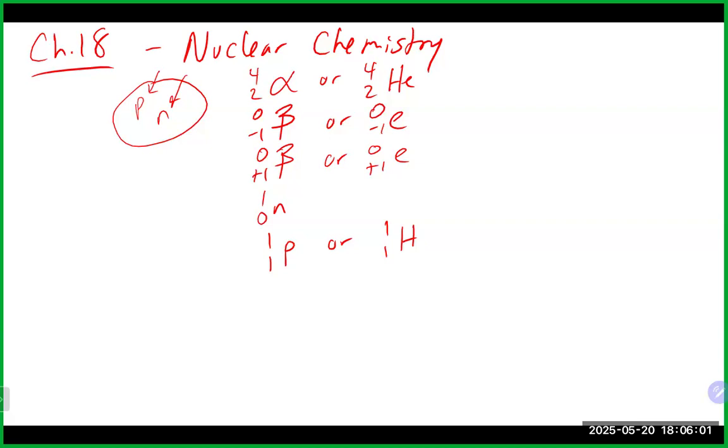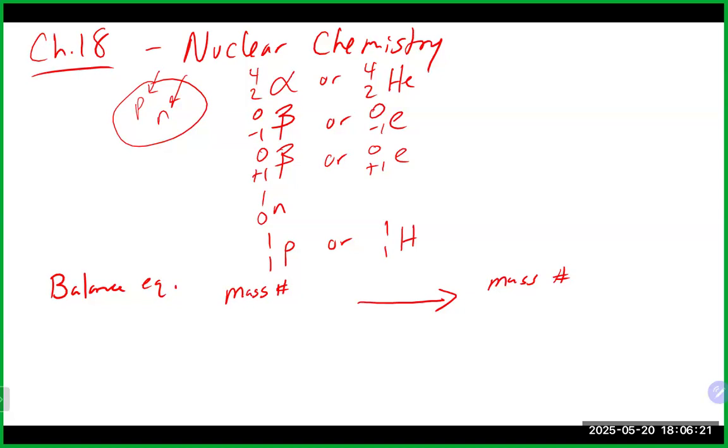And when we balance nuclear reactions or equations, which I think is where we left off last time, there are two things that we're looking to do. We're looking to make sure that all the mass numbers on the left-hand side of the arrow add up to all the mass numbers on the right-hand side of the arrow.